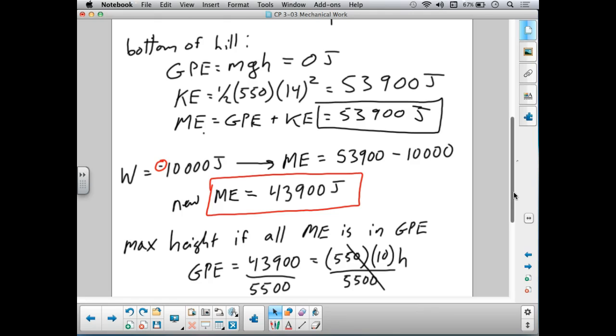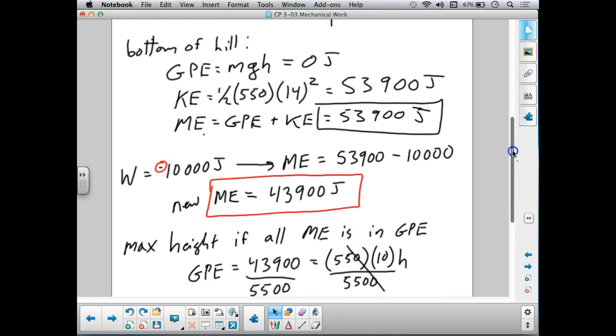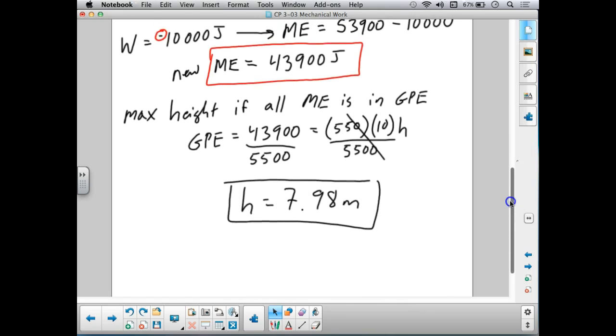I knew that I had no GPE because my height was 0. My kinetic energy was due to my 14 meters per second of velocity. And I added that up to get a total mechanical energy of 53,900, which was just equal to the KE.